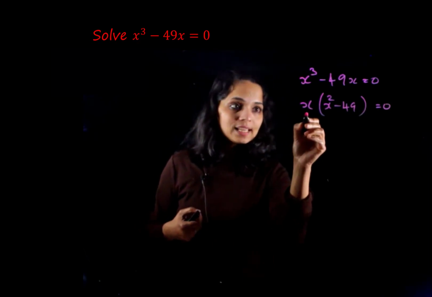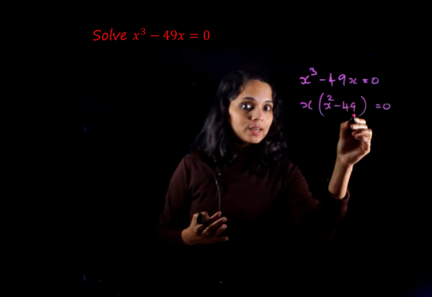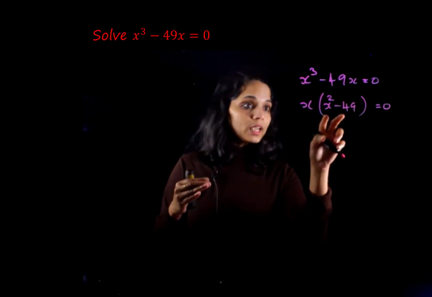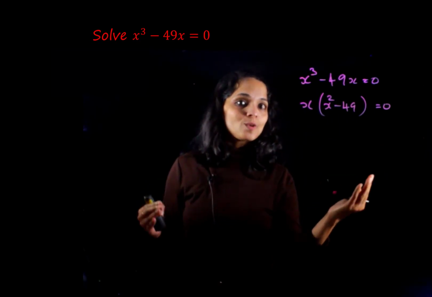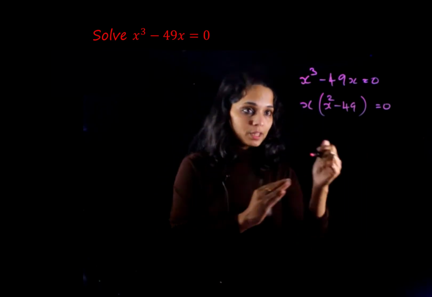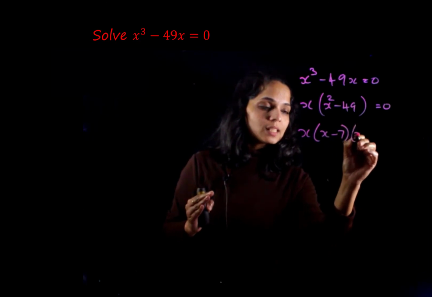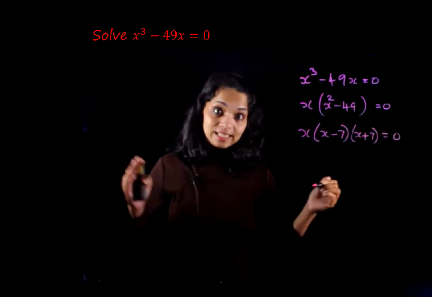Now this is a linear factor, all done for that factor, but this is a quadratic function which needs further factorization. Looking at this closely, we can see that this is of the form a square minus b square, for which the factors are a plus b times a minus b. So let's employ that in here. That's x minus 7 times x plus 7 equals 0. So the factorization is done.